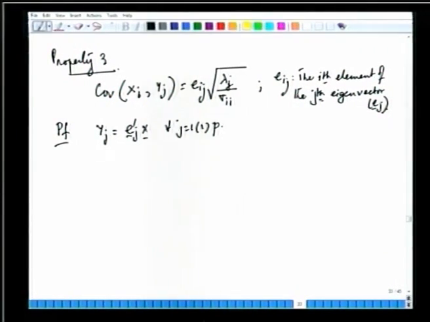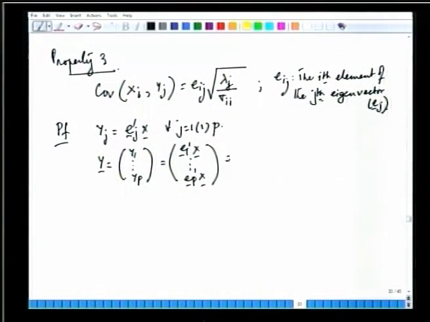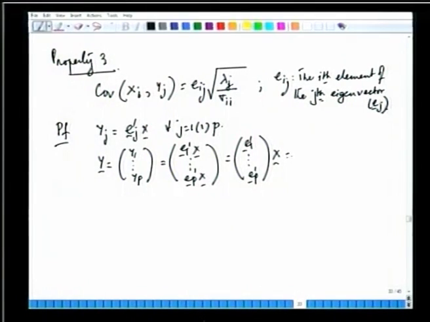Then y is y1 to yp, and these are nothing but E1 transpose x to EP transpose x, which is E1 transpose to EP transpose combined with x, and this is P transpose x.